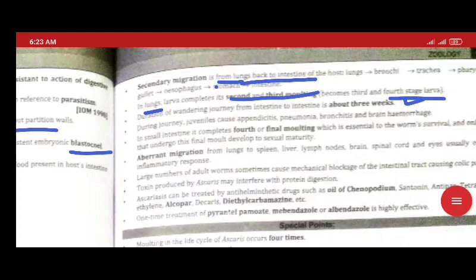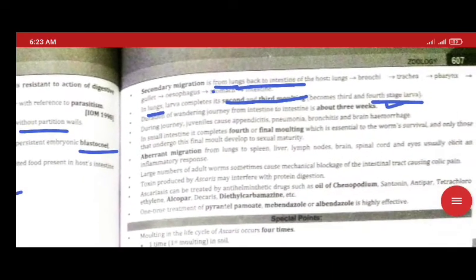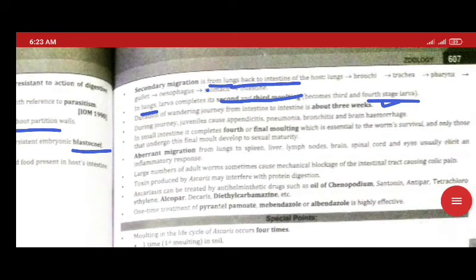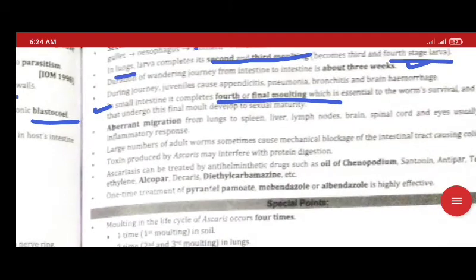Now final, fourth molting develops into the worm, and this is for survival. It completes in the small intestine, final fourth molting. Now for curing this disease, we need what?